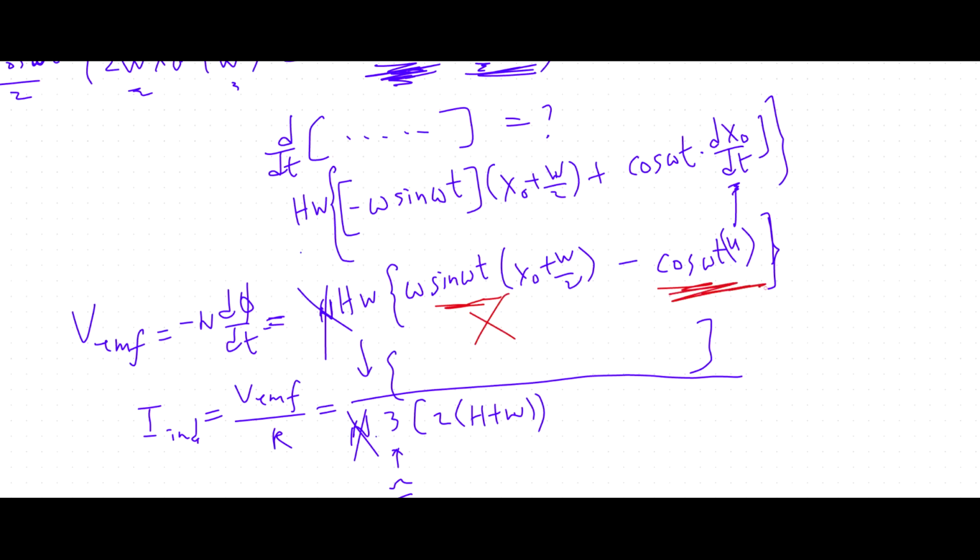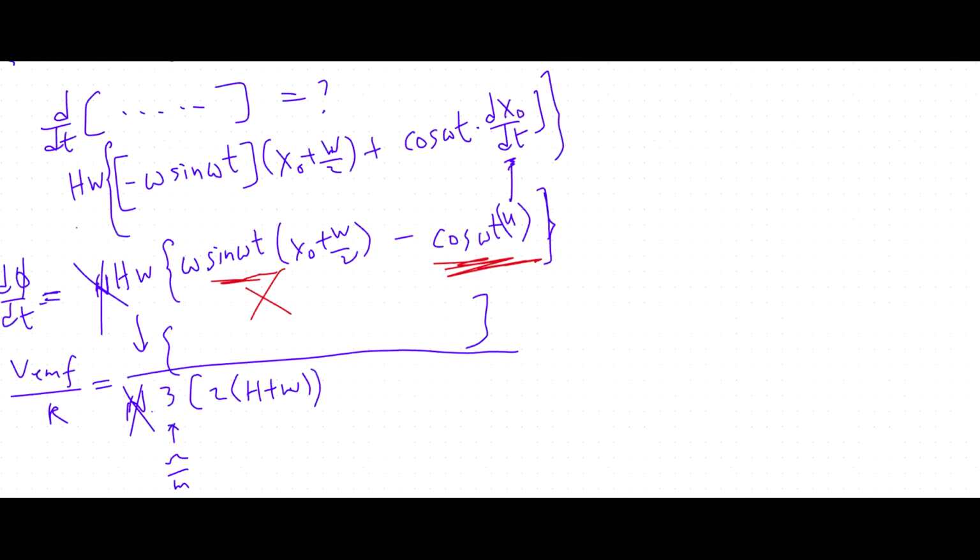So I'm going to say from Lenz's law, I'm going to write this. When t goes to 0, the cosine omega t term dominates, right? But where does this term come from? This term comes from taking the derivative, the change of the location of the corner.